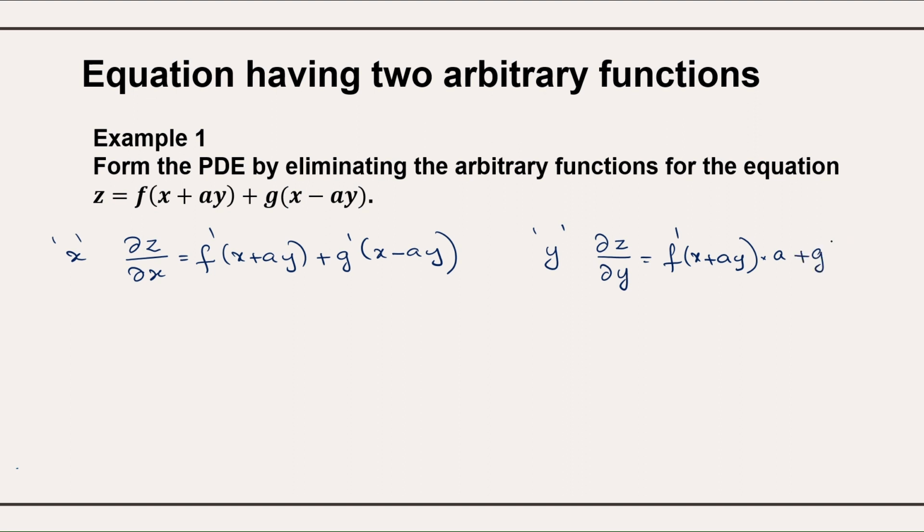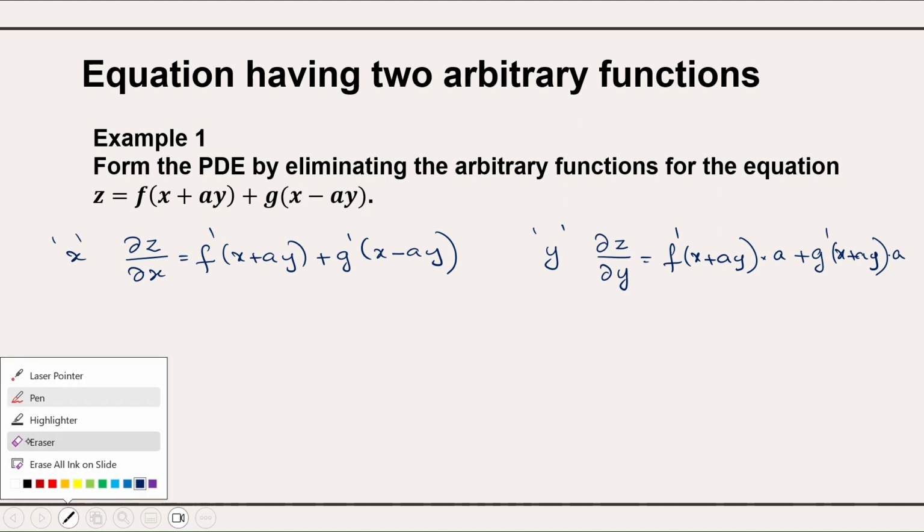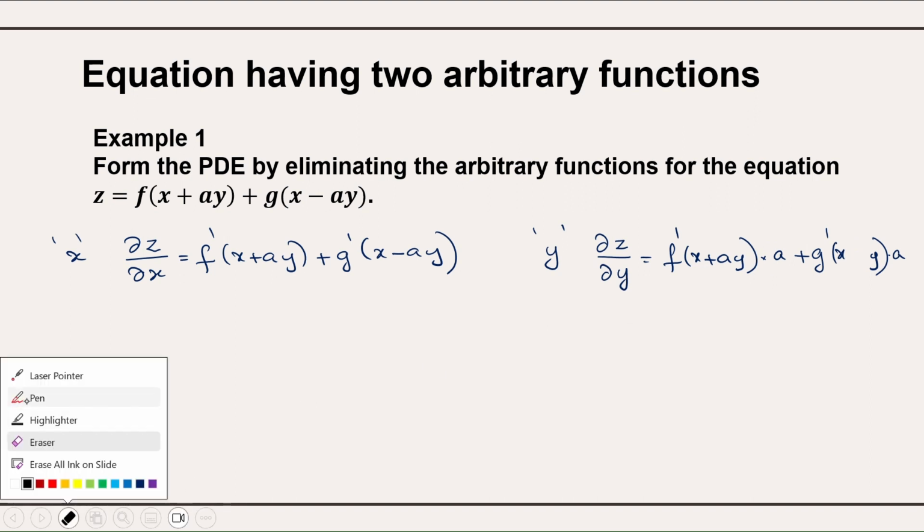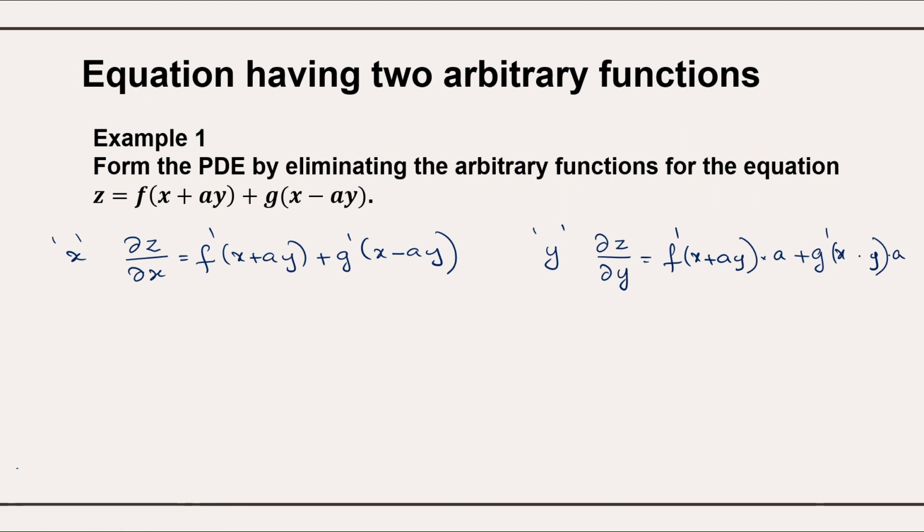Next, the next term is g dash of (x minus ay), and this becomes minus ay, so here it becomes minus a.